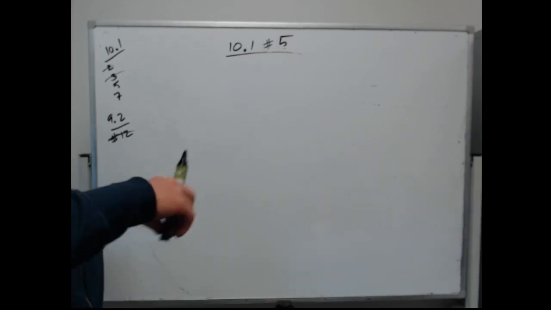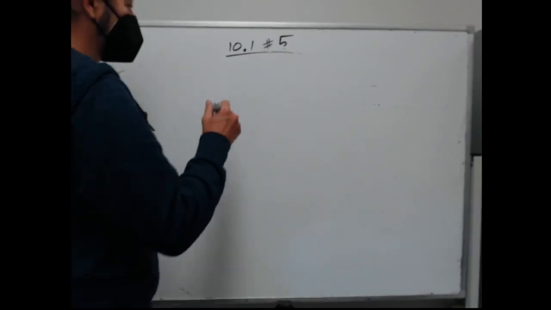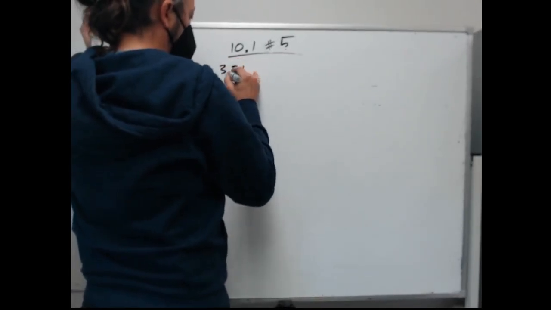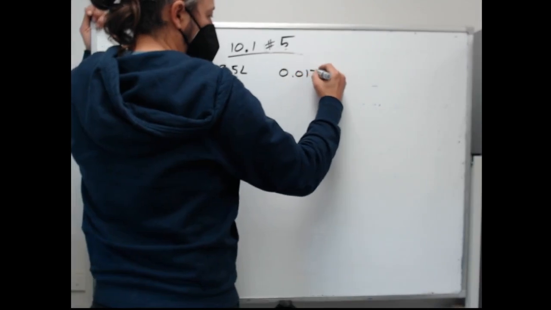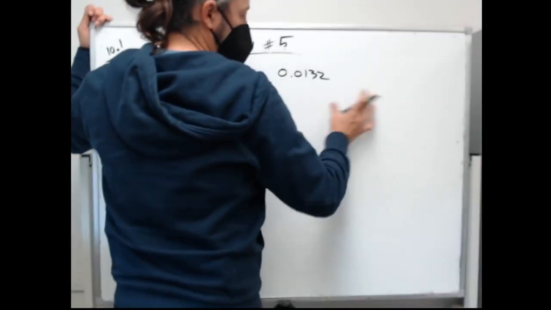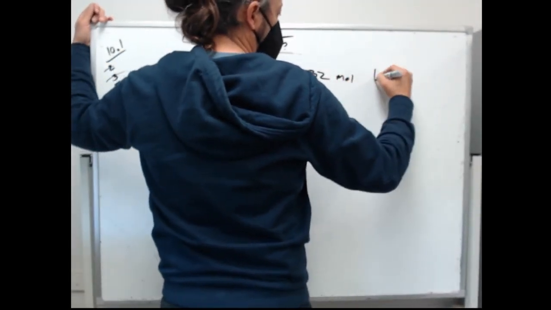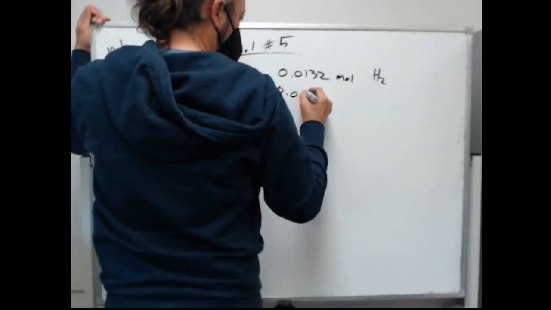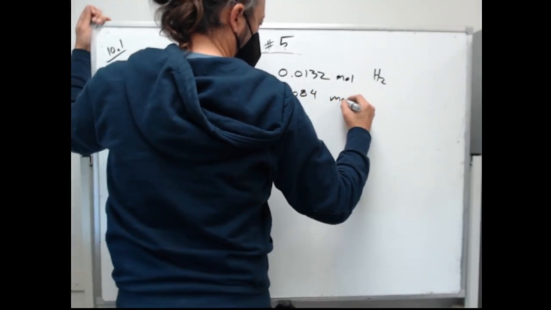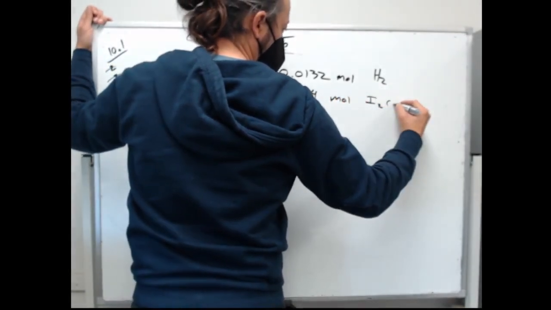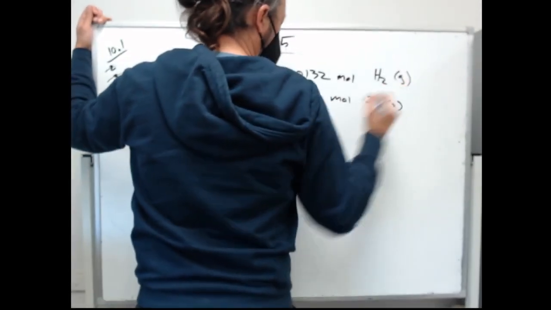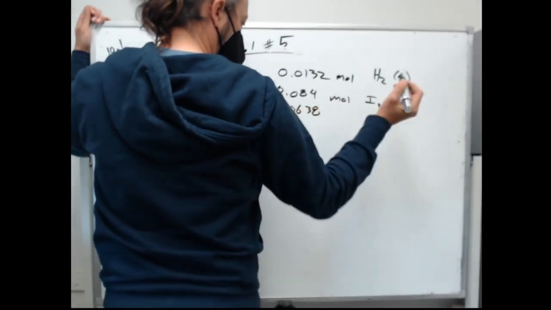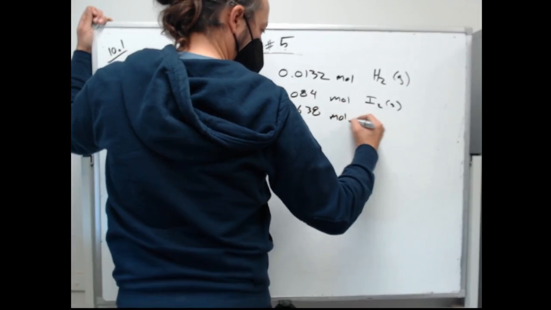Okay, number 5. What do we got for number 5? A sealed 3.5 liter container initially holds 0.0132 moles of hydrogen gas and then 0.084 moles of solid iodine, and then 0.0638 moles of hydrogen iodide gas.